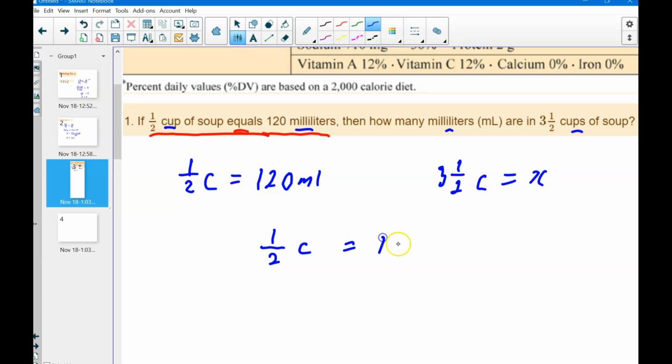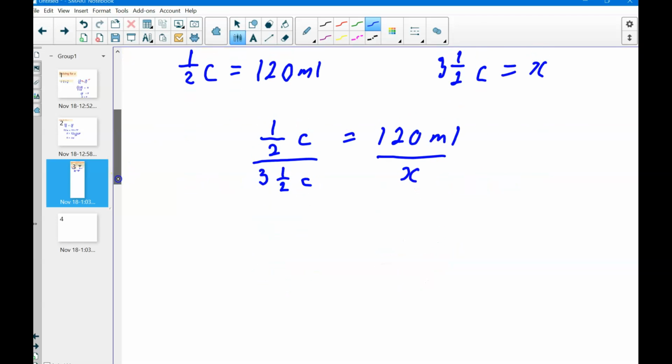Equals 120 mils, over 3.5 cups, over X mils. Now I'm going to rearrange that. I can simplify the one to first, so I can rearrange or just cross multiply, whatever I want to do.